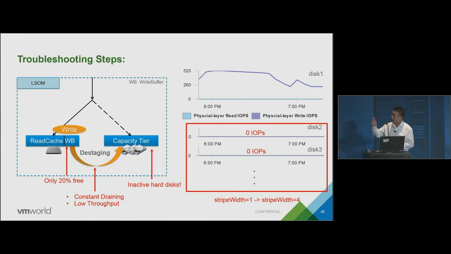And of course, when we check the capacity tier physical disk usage, we find more active hard disk drives over there. By the way, all the storage policy change can be done online without interrupting the production workload. So this concludes our final example here.